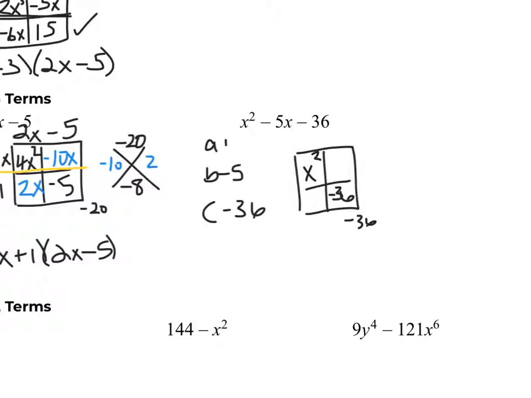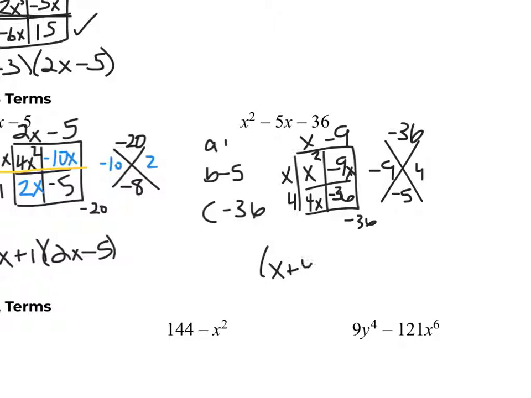Multiply. What two things multiply to negative 36 and add to negative 5? That would be negative 9 and 4. So negative 9x and 4x, factored out, x, negative 9, positive 4. So x plus 4, x minus 9.